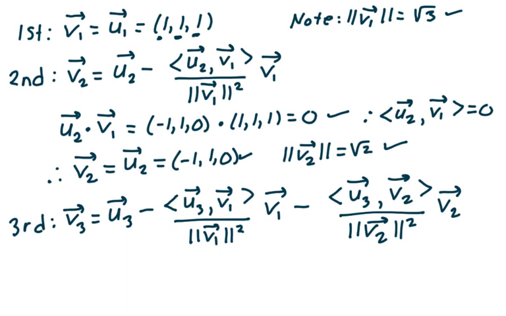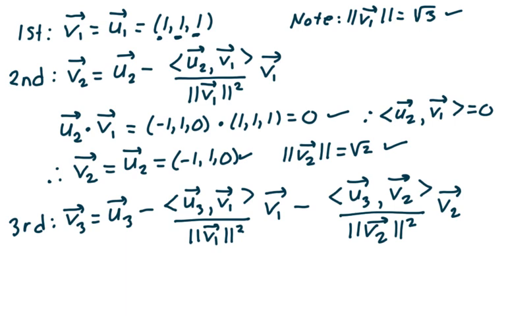Now, let's do the first step. V1 is equal to U1, which is equal to the vector 1, 1, 1. The norm of V1 is equal to the square root of 3. Second, to get V2, I take U2 minus the inner product of U2 and V1 divided by the norm of V1 squared, times V1.